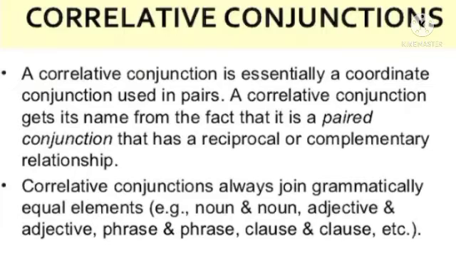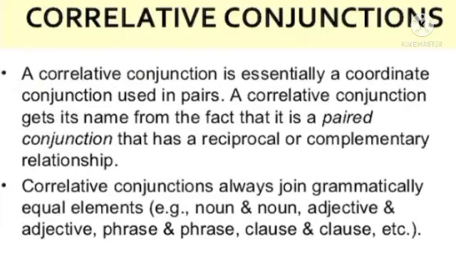A correlative conjunction gets its name from the fact that it is a paired conjunction. So we can say it is a paired conjunction. These conjunctions are two words. There will be two words in correlative conjunctions, and that has a reciprocal or complementary relationship.